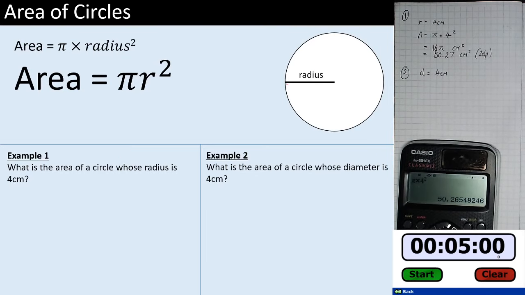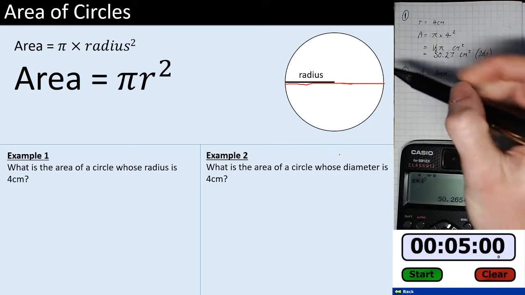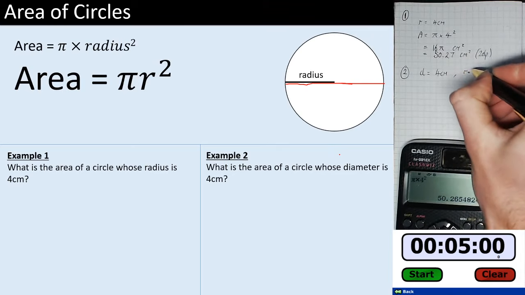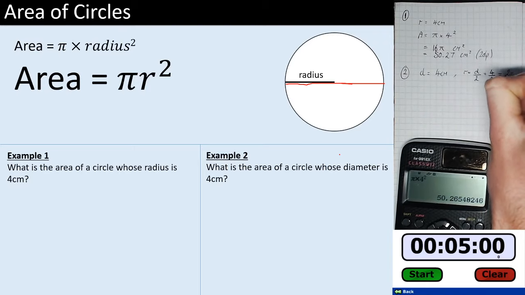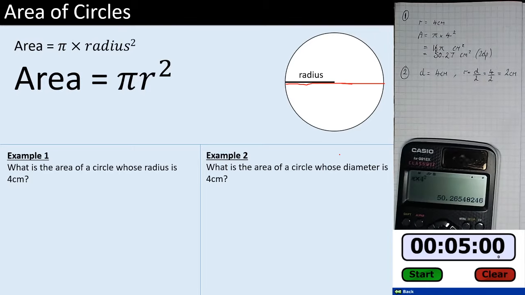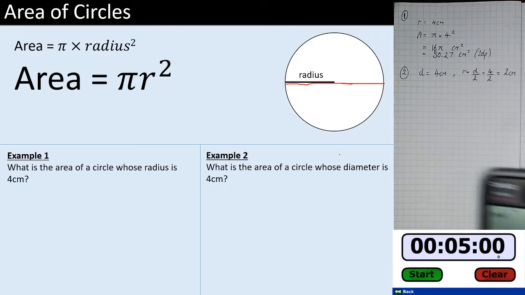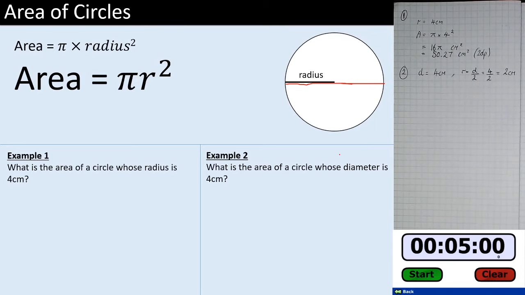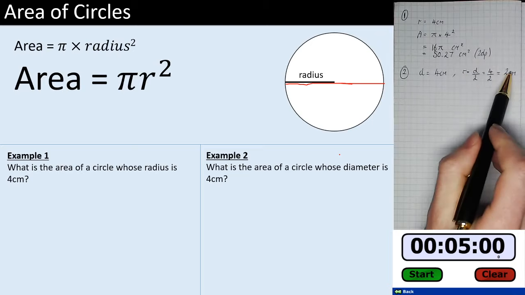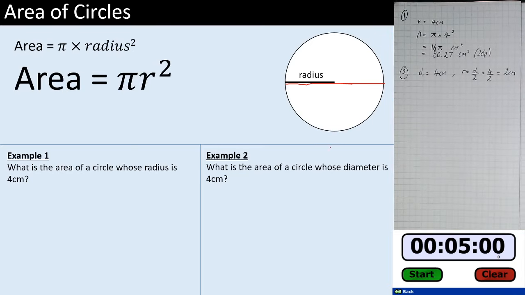A diameter would go all the way across. Okay, it would go all the way across our circle like that. So our radius is going to be our diameter divided by 2. 4 divided by 2, which is 2. Okay. So our radius is 2 centimeters. That is the bit of information that we need.